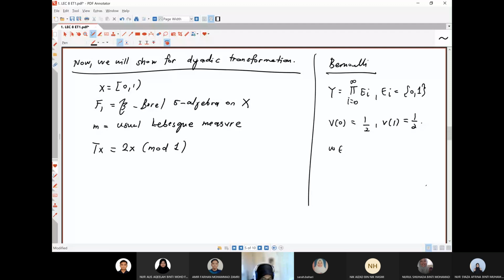If you have an omega taken from this Y, you will have the Bernoulli shift, S of omega_n is equal to omega_{n+1}. In the previous example I used T, but here I cannot use the same T because I already use T in this transformation. So I need to use another symbol, so I use S. Mu here is called the Bernoulli measure.